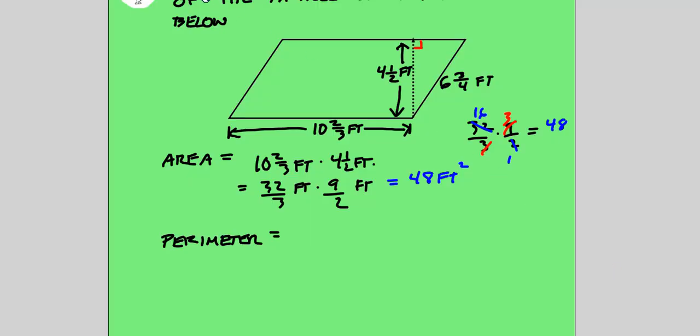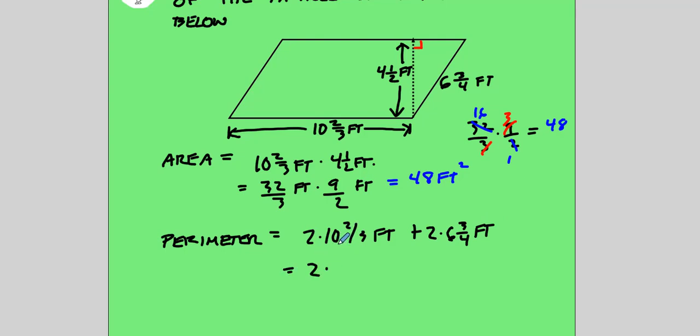All right, now let's look at the perimeter. So I have two sides here, 10 2/3 feet. So I have 2 times 10 2/3 feet plus I have two sides, not using 4.5 here, that's the height, I'm using 6 3/4 feet. So now to do this, I'm going to change these mixed numbers to improper fractions.